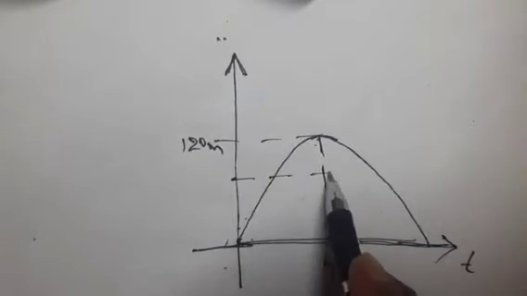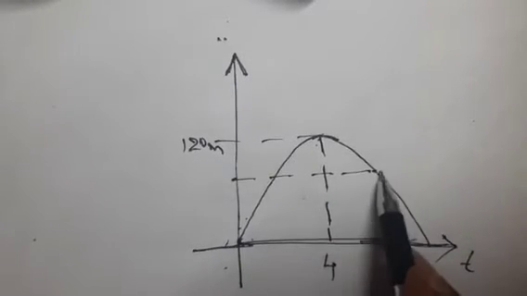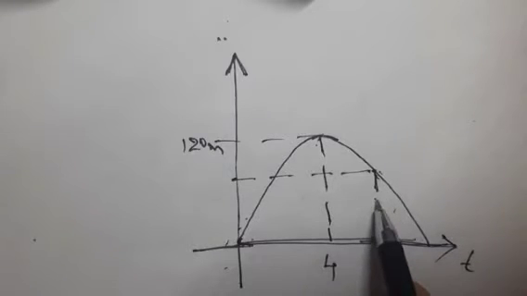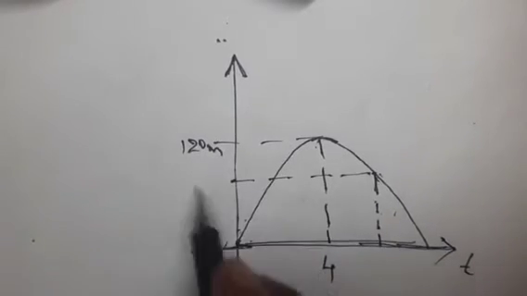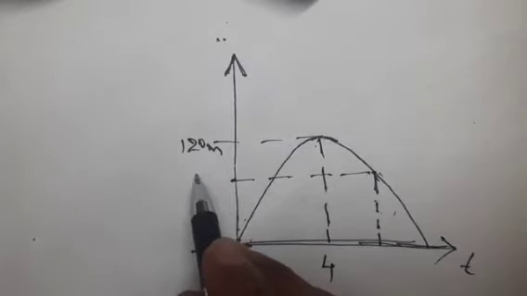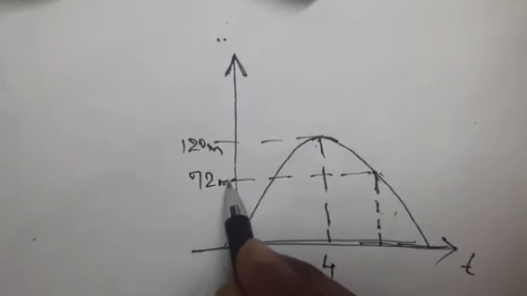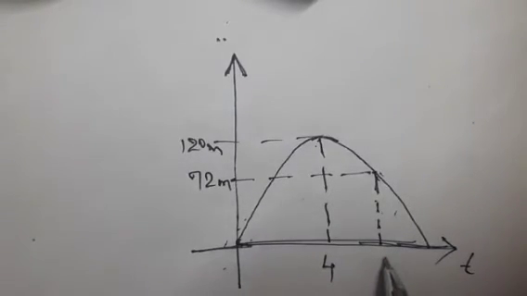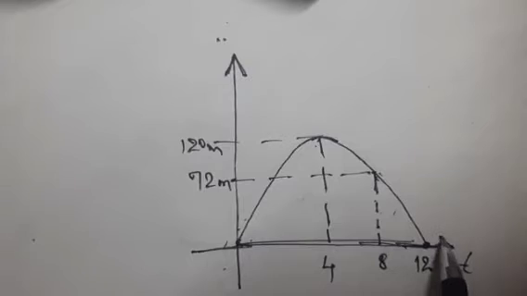Then in the next 8 seconds, as the particle again falls towards the earth, it is at a height of 72 meter at the end of 8 seconds, and at the end of 12 seconds it again hits the ground.